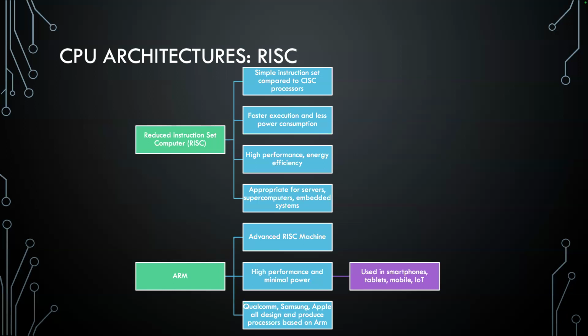If anyone went from the older MacBooks to the newer MacBooks, you start to see the benefit of these ARM processors and just how fast it is. It's kind of extraordinary. So it's high performance and memory efficient, and those qualities make it really appropriate for servers, for supercomputers, and embedded systems.